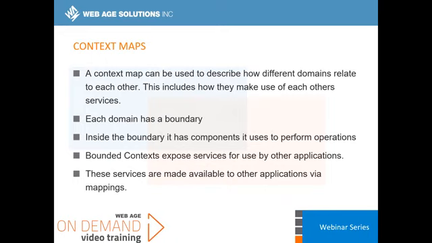Right? I don't care what the language is. I don't care how the model inside the bounded context is actually formed. All I care about is what is at the boundary, what services are being exposed for use by other applications, and what mapping I'm going to need to employ in order to utilize that information.